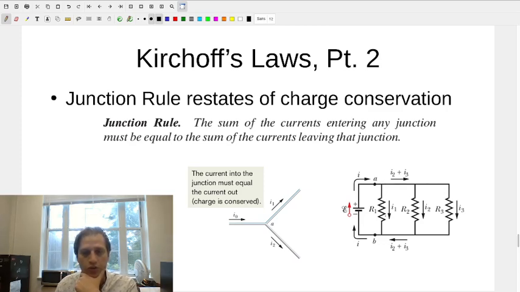So when you set up a circuit, you first guess what direction you would expect the currents to be going in, and then you draw in the junctions, and then all of the incoming currents equal the sum of all of the outgoing currents. Okay, so for this particular junction, our rule would be I naught equals I1 plus I2.